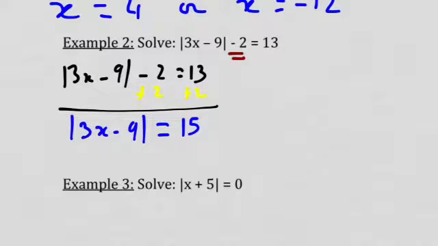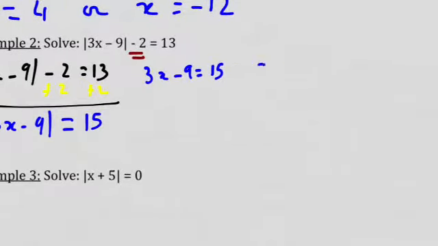Now my algebraic expression is standing by itself, so I can apply my definition, and I can write 3x minus 9 equal plus 15, or 3x minus 9 equal negative 15. Now I can add 9 both sides, because I try to isolate x.